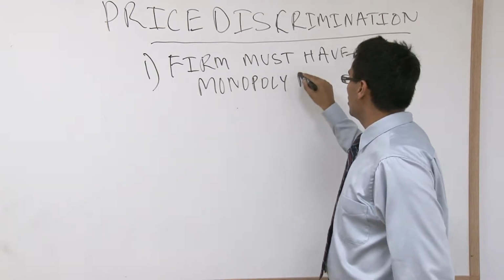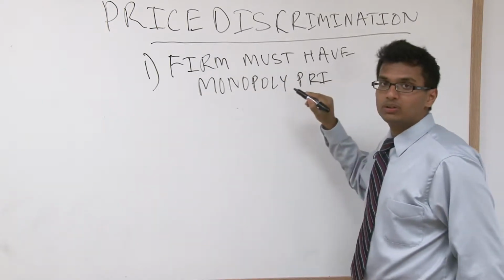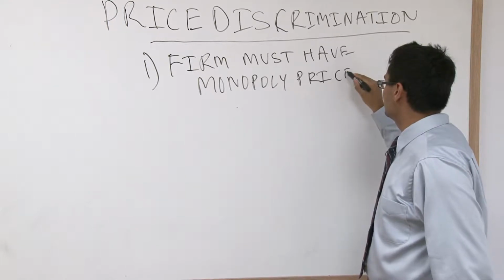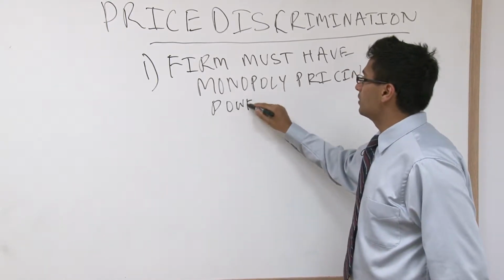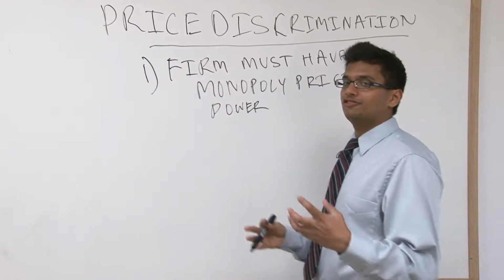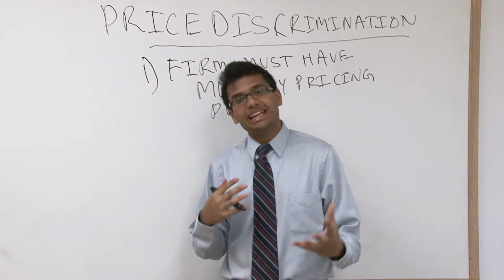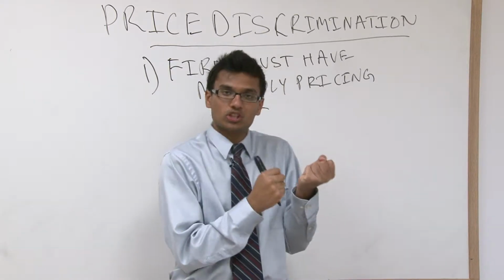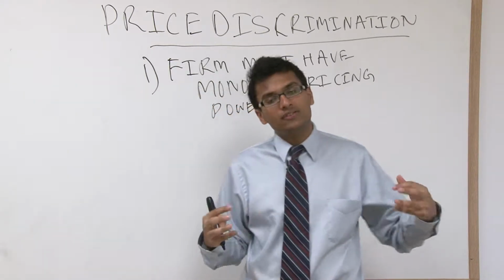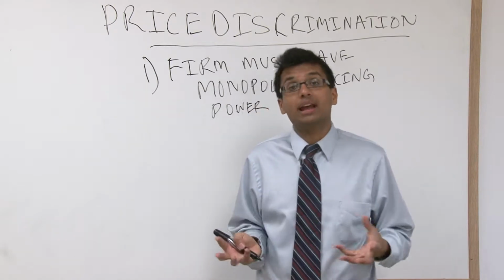And what does that mean? When we discussed monopolies, we talked about the power that they hold in the market. Because they're the only one with that differentiated product, with that special product, and no one else can have it, they have the ability to dictate the prices at which people can buy it.